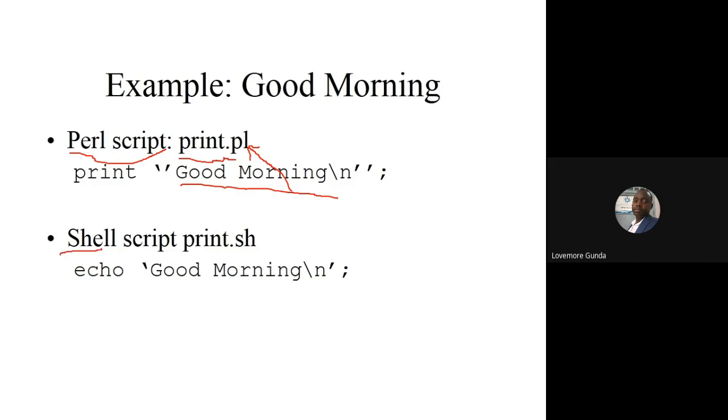Then when you're using shell, it's print.sh. If you ever saw something like this in Linux, they use the word echo to produce output. Then good morning, then this line is passed and then executed. So this executes line by line.